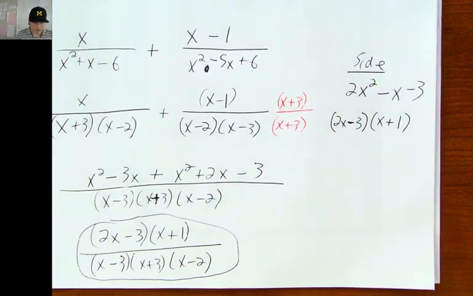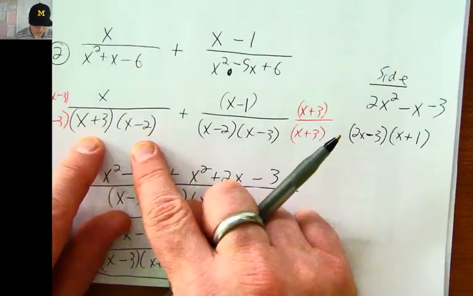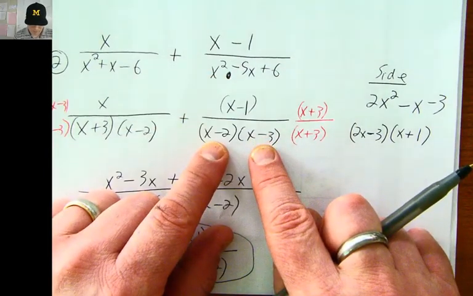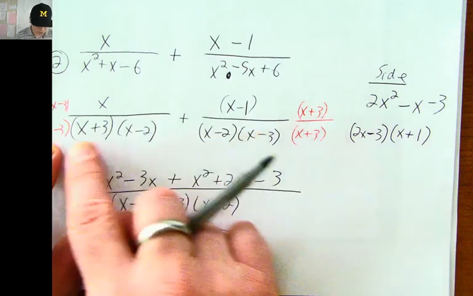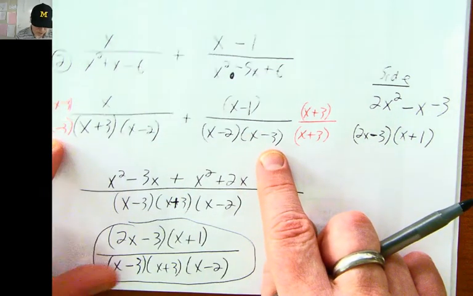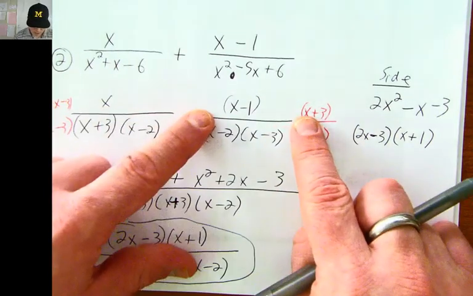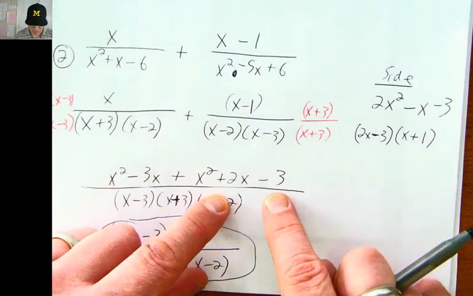Let's see, this factored this way. This factored this way. This one was missing an x plus 3. This one was missing an x minus 3. That would make this numerator x squared minus 3x. This one becomes x squared plus 2x minus 3.